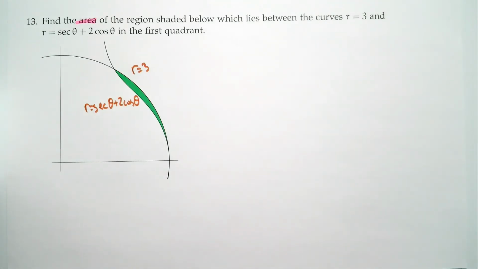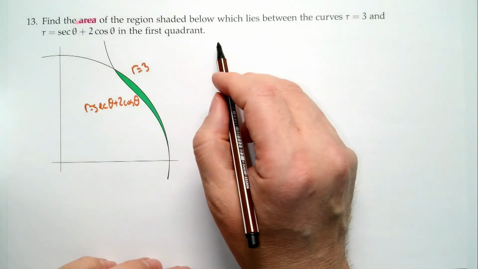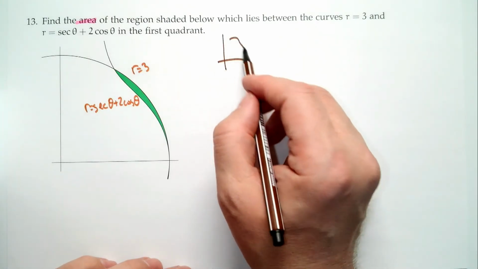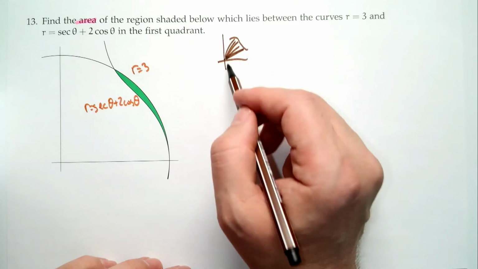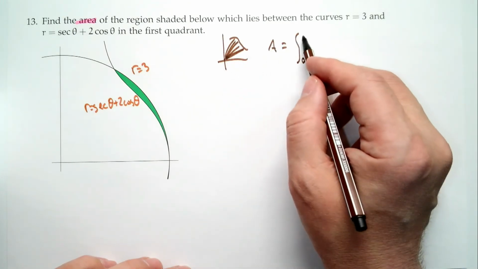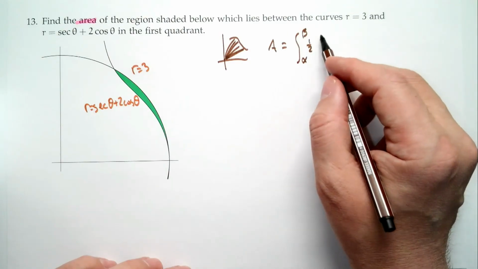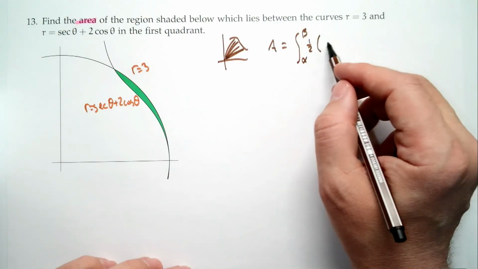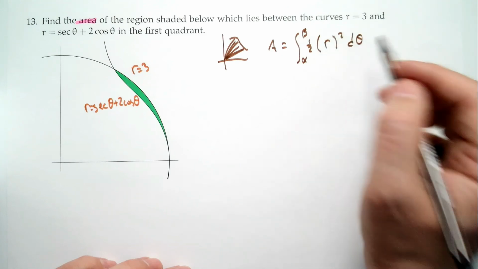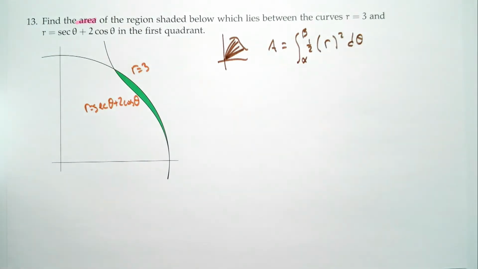So we know how to do area in polar because we have a nice formula for it. There are two variations of area. The first is when you have a curve and you go straight to the origin. In that case, your area is the integral from alpha to beta of 1/2 r squared, your distance out.